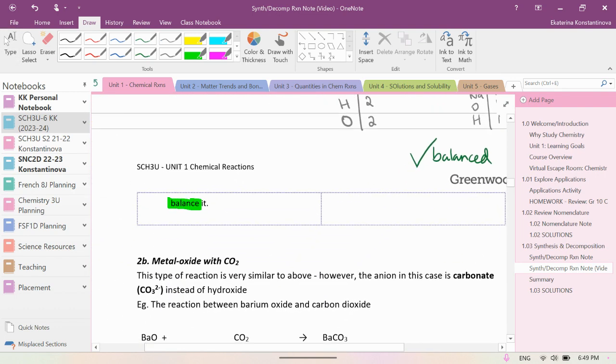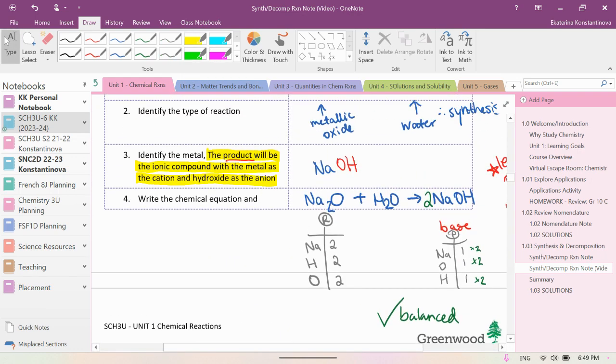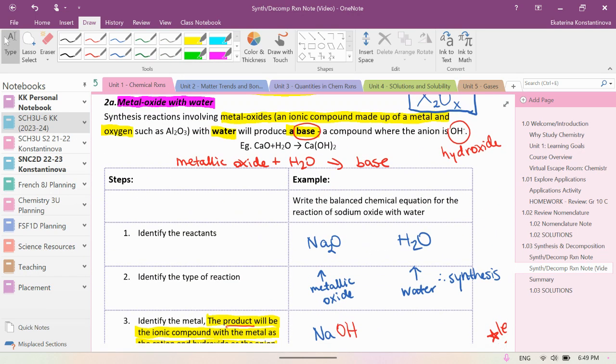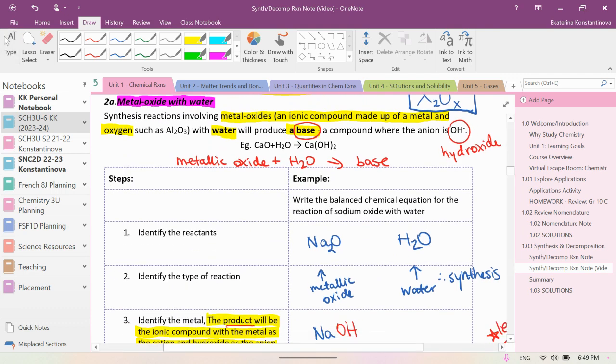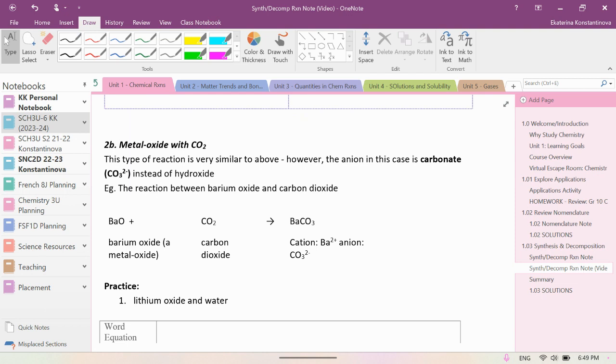All right, let's now talk about metallic oxides with carbon dioxide. That's the other type that we're going to focus on. First we talked about metal oxides with water as a synthesis reaction. Now we're going to talk about metal oxides with carbon dioxide. This reaction is very similar to above.